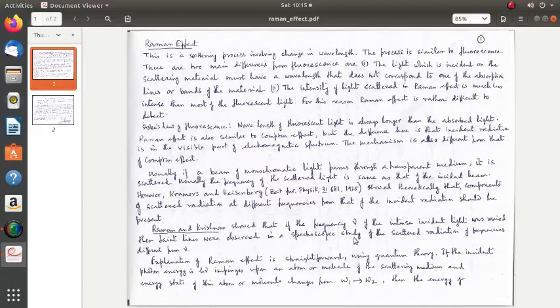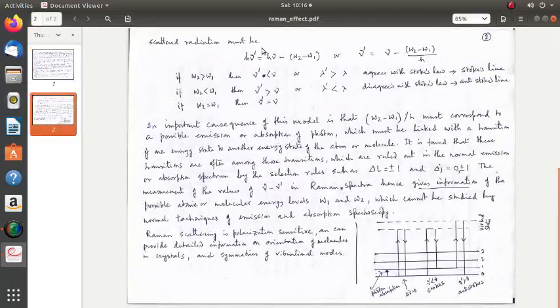Now, explanation of Raman effect is very straightforward in quantum theory. If the incident photon energy is h nu and that impinges upon an atom or molecule of the scattering medium, an energy state of this atom or molecule changes from W1 to W2. Then the energy of the scattered radiation must be h nu dash equal to h nu minus (W2 minus W1). So these are the energies of the quantum states of the atom or the molecule.